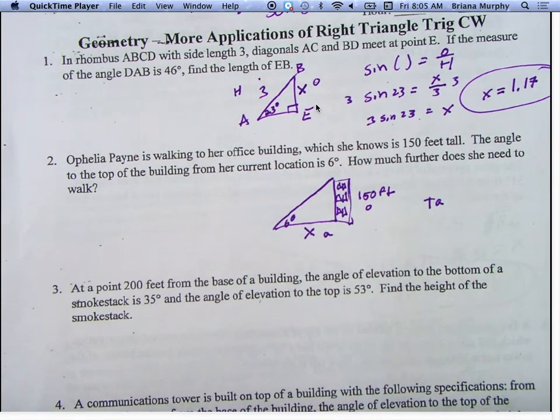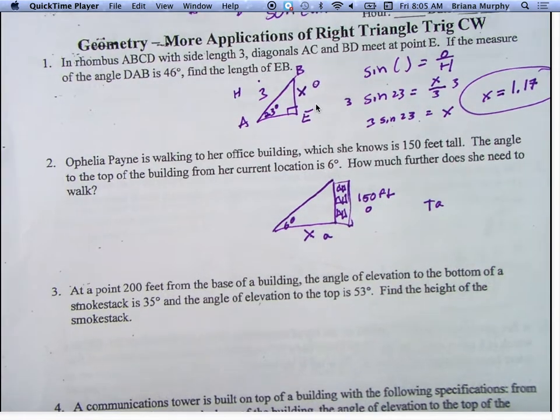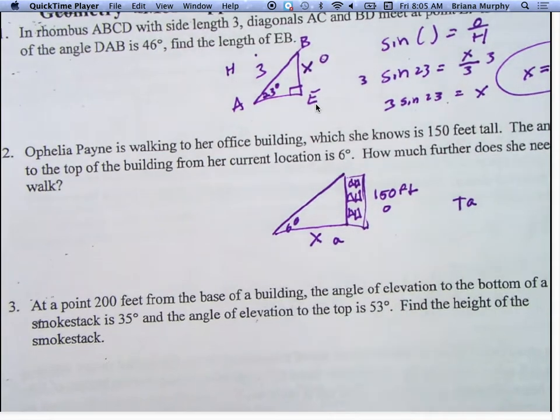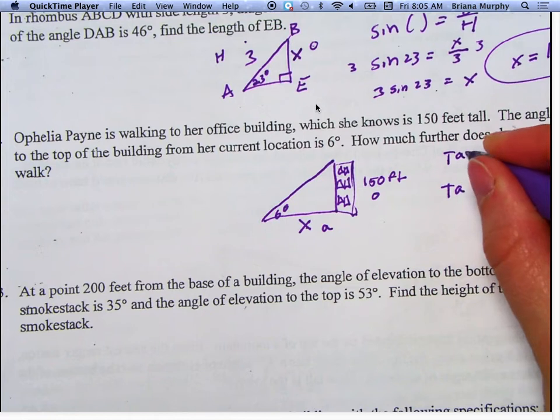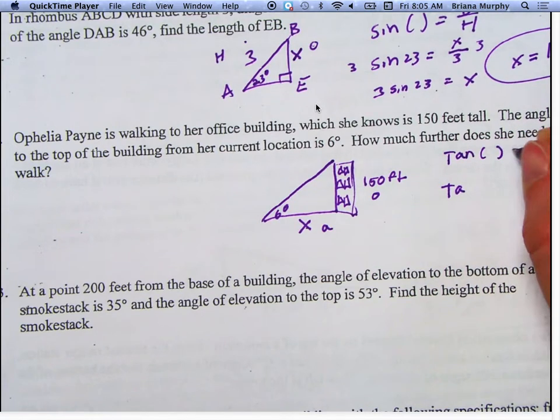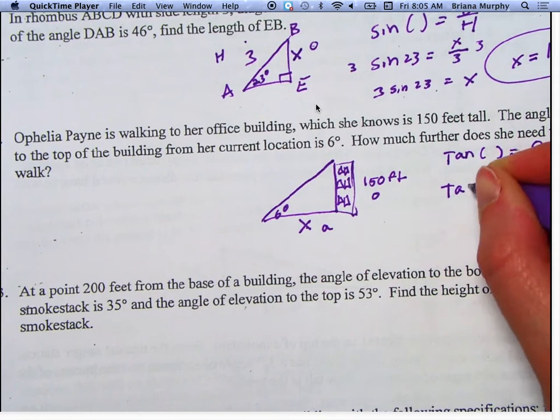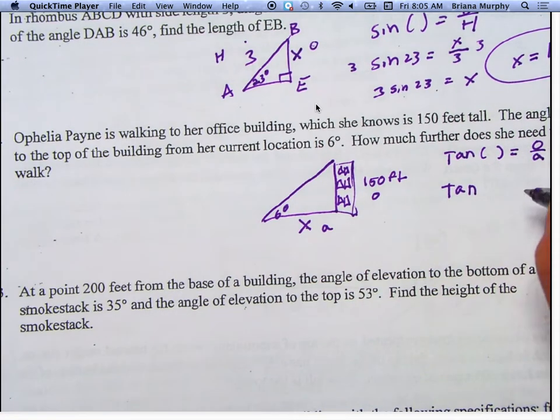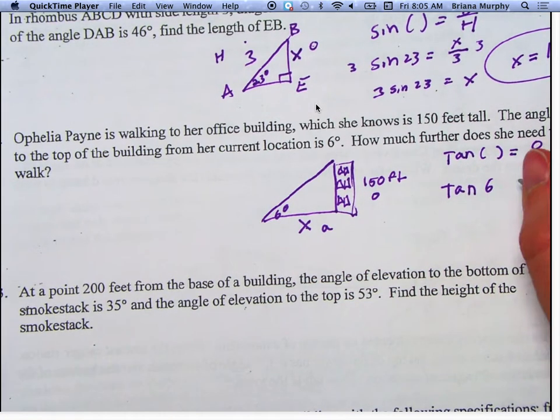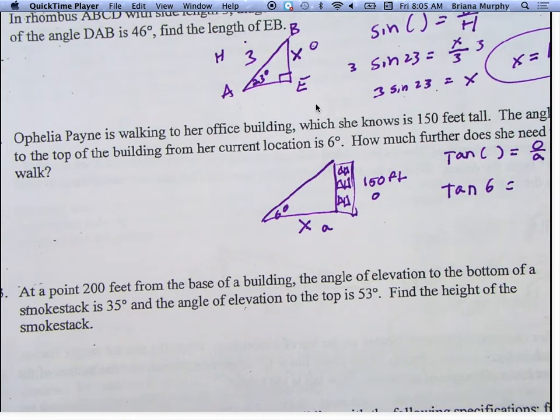Yep. So we're going to say tan of the angle equals opposite over adjacent. So I'm going to say tan of what? Tan 6 equals opposite over adjacent, right? 150 over x, yeah.